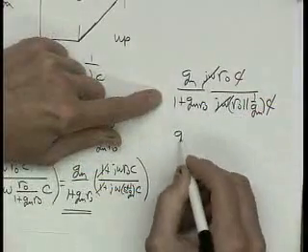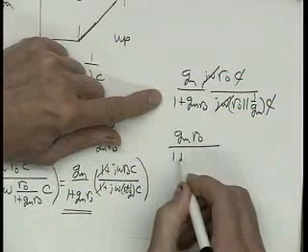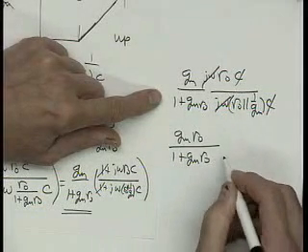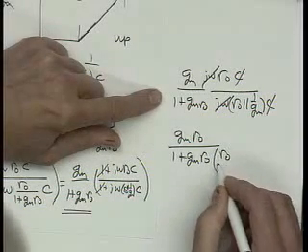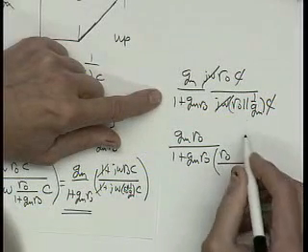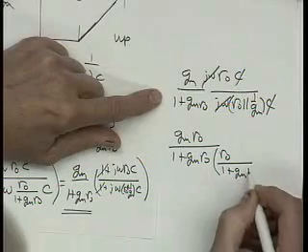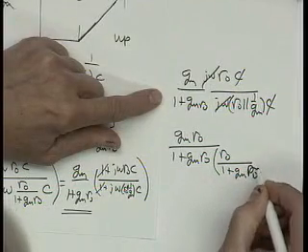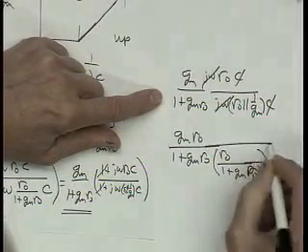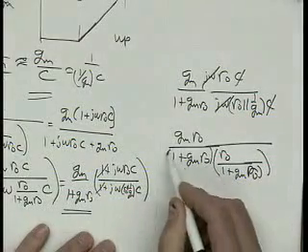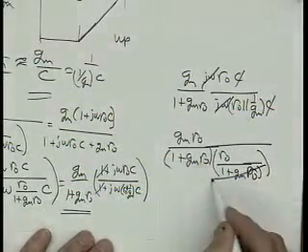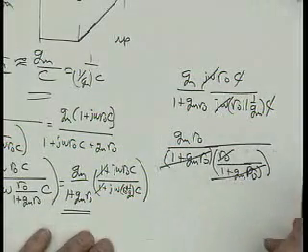So I end up with gm R0 over 1 plus gm R0 times R0 over 1 plus gm R0. All right, so this cancels with this. R0 cancels with this.